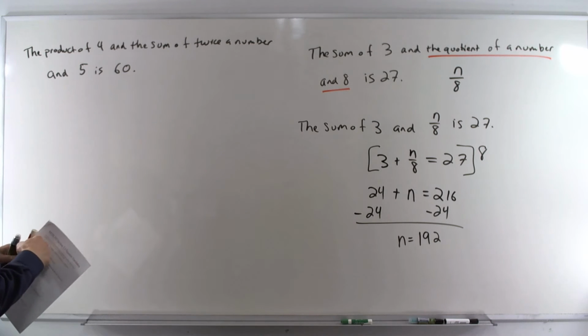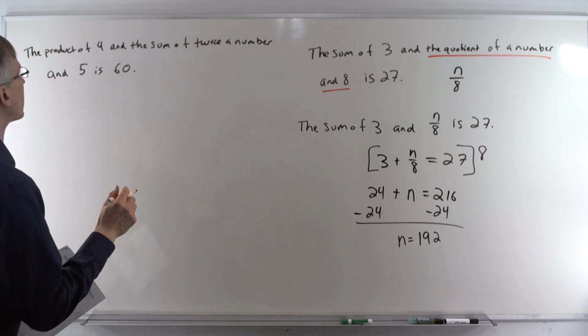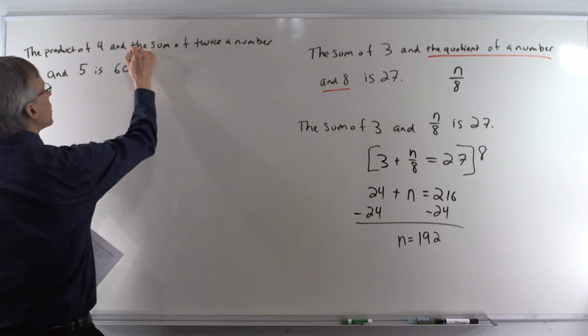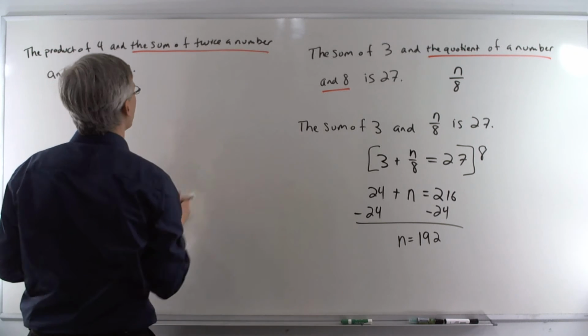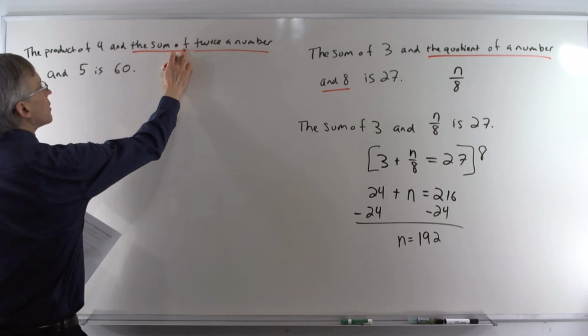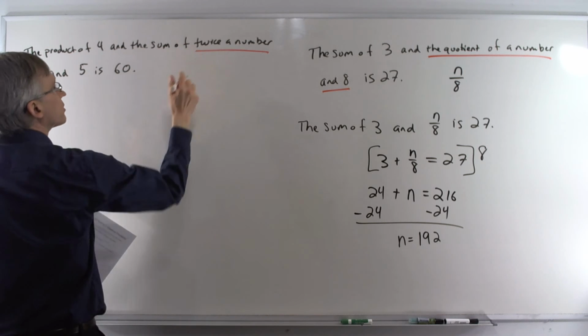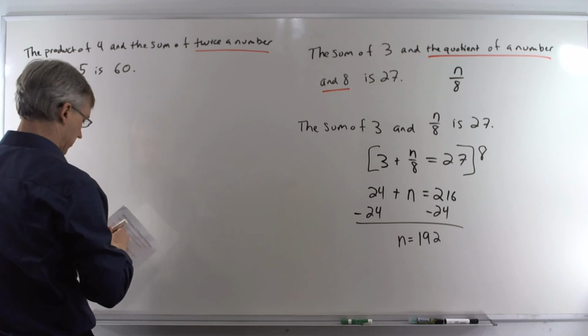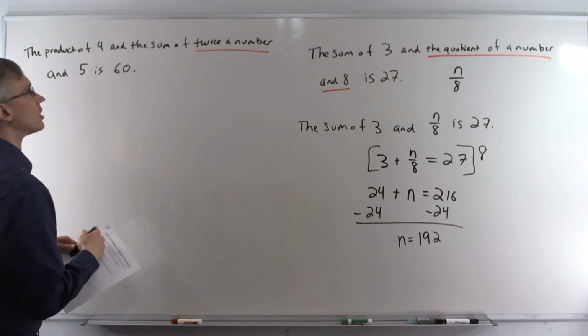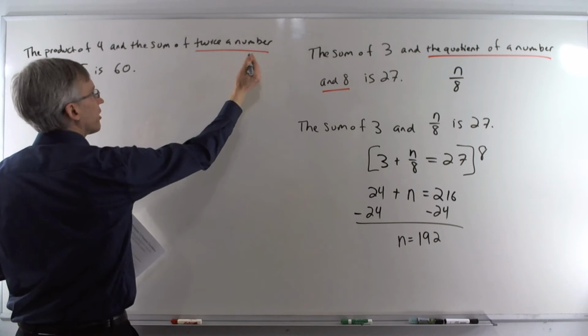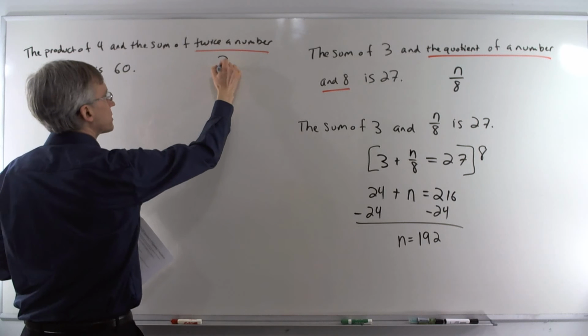Let's start with the simple expression. The sum of, oops, that's not the simplest expression. We'll start with twice a number. Number is just any variable. Twice is 2 times, so 2n.